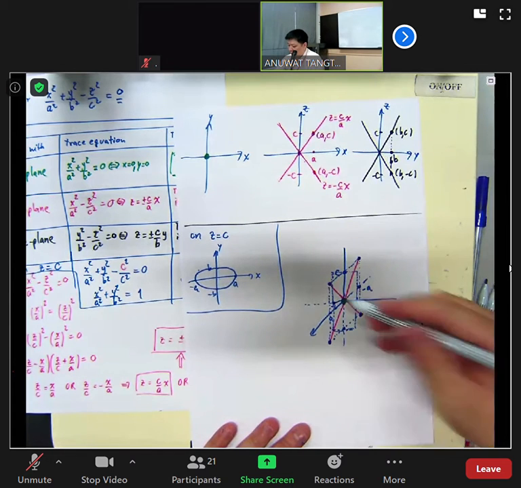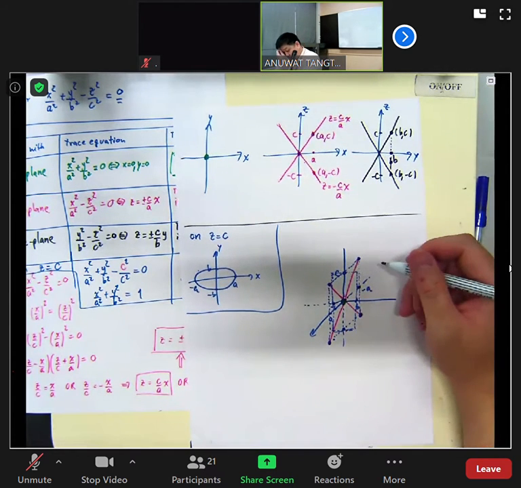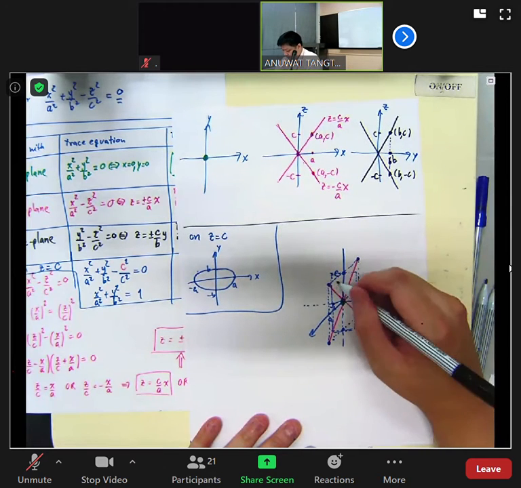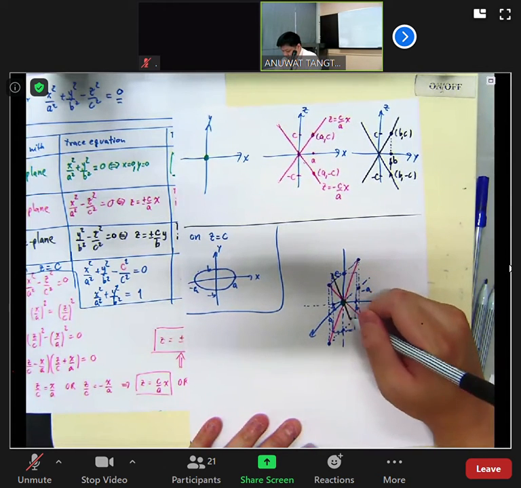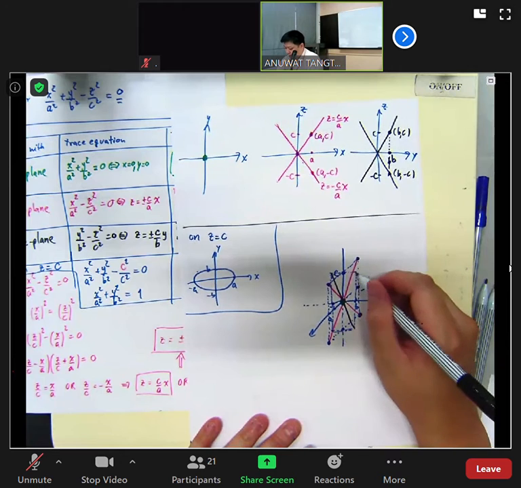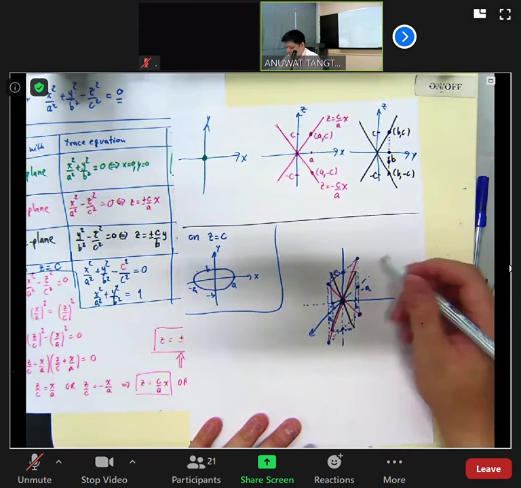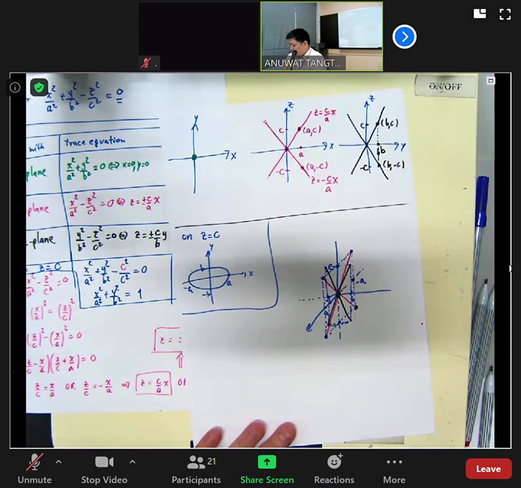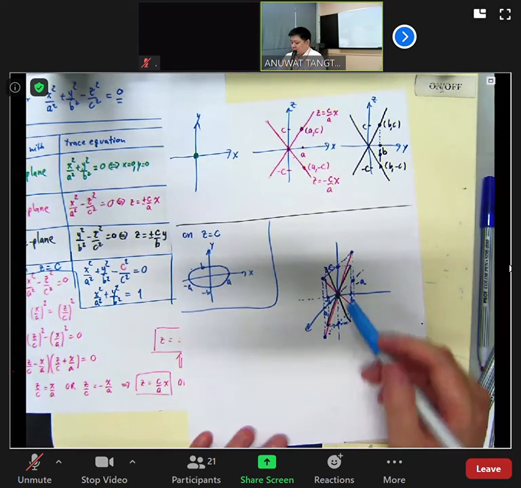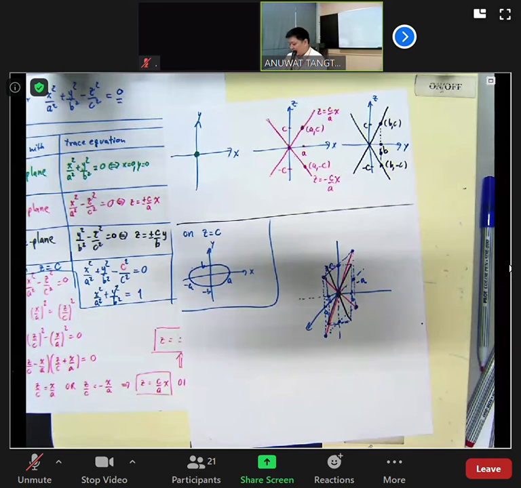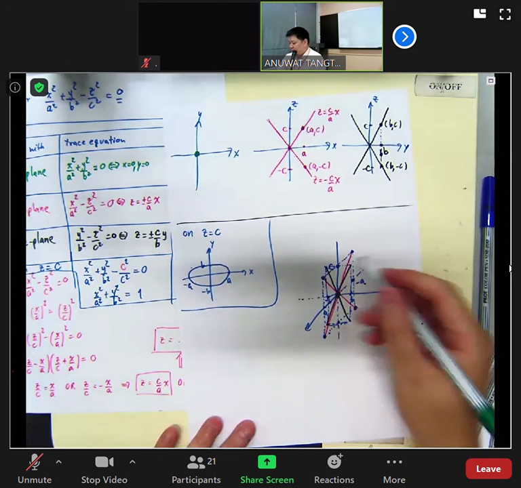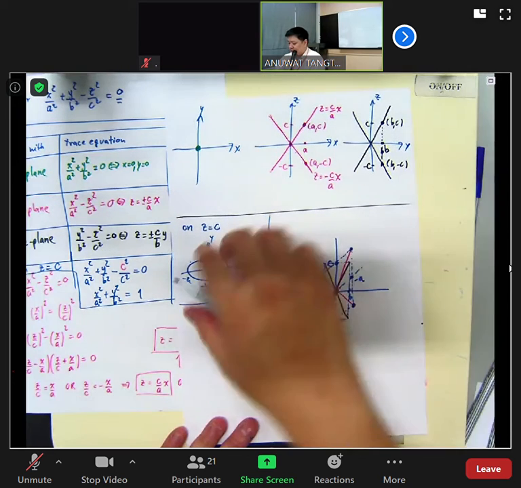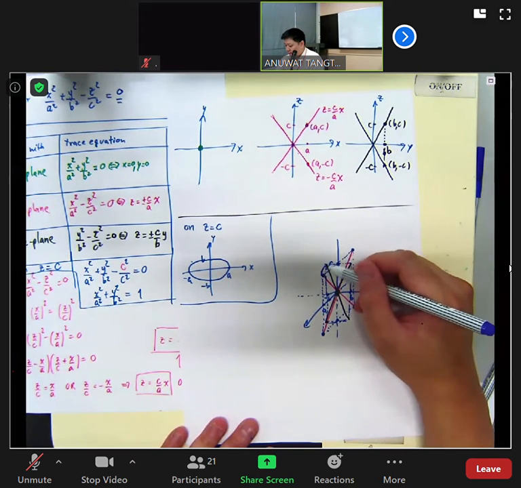Now on the YZ plane, there is another one. This is on the YZ plane. It would be difficult to draw, but anyway, it is like the line crossing there, and on Z equal to C, we can have another ellipse there.